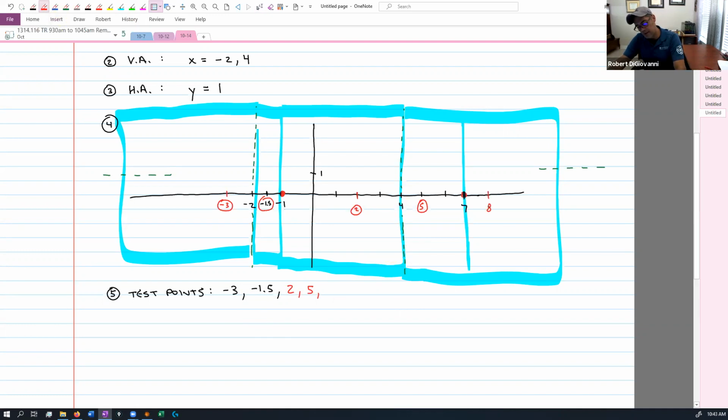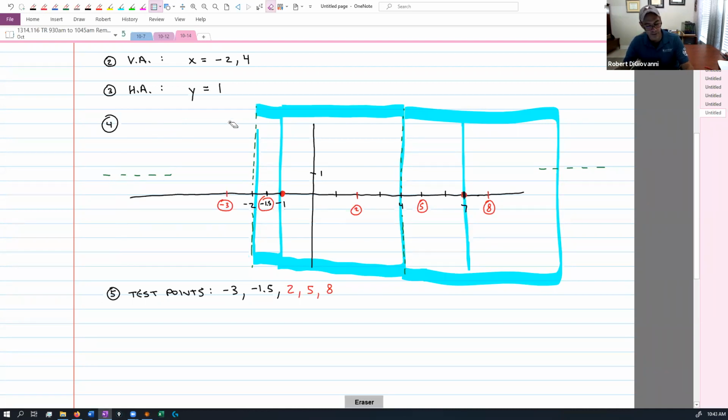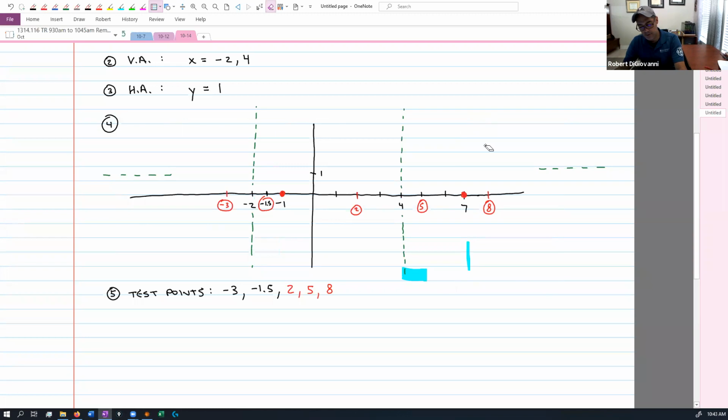How about 8? This sucks, huh? There you go. We've got to plug each of those into the function and figure out whether or not we get a plus or a minus.